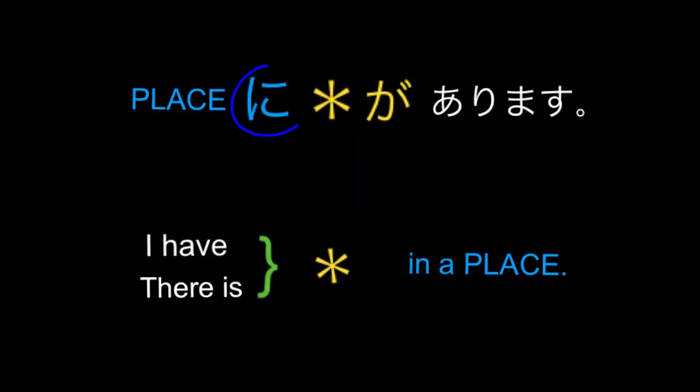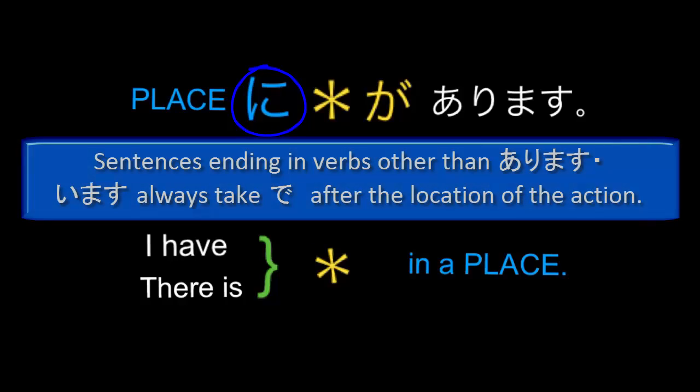And there it is, it's particle ni, your specific location particle when you're using arimasu or imasu at the end of your sentence. Be very careful about that because any other kind of verb does not take particle ni for the location, but you may know takes particle de.